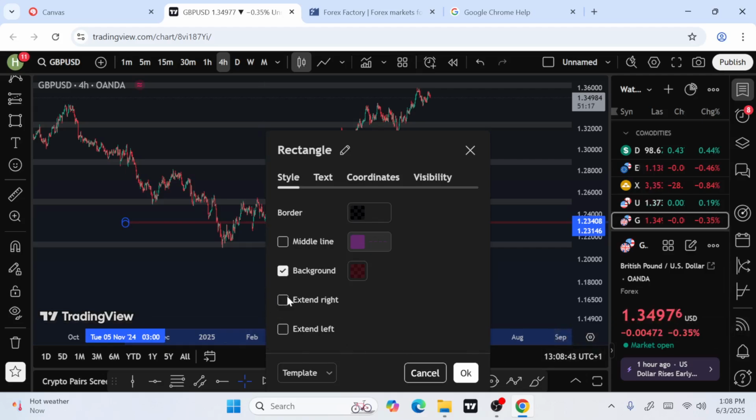You can even extend right, extend left. It's there too. If you extend left, it's gone, so pick it back, extend right. But we've extended it already to the future. Now extend left, boom. See now, it's going back into the history.